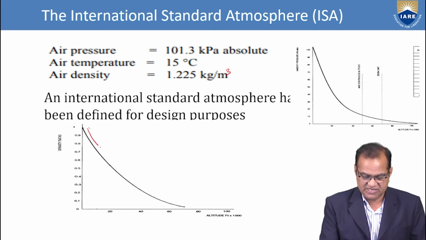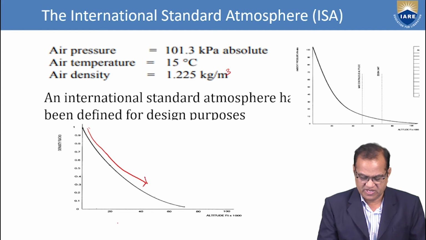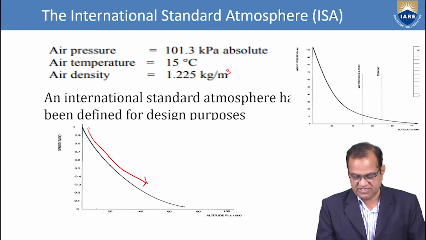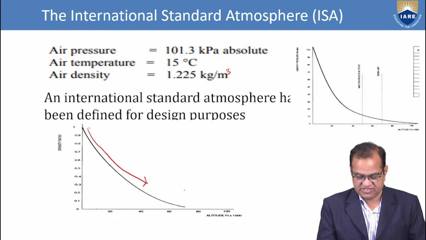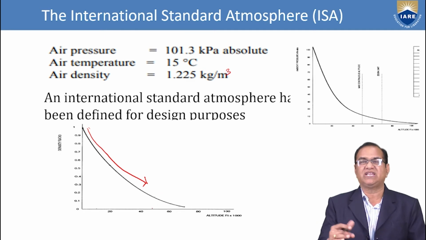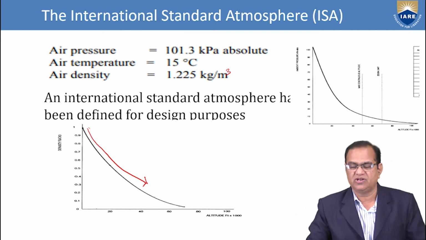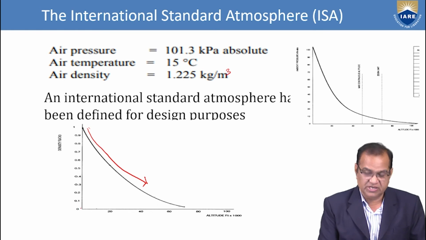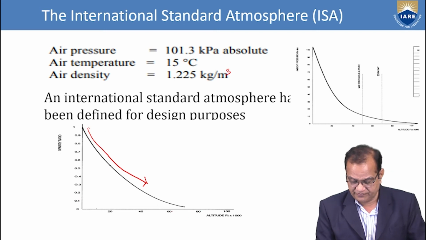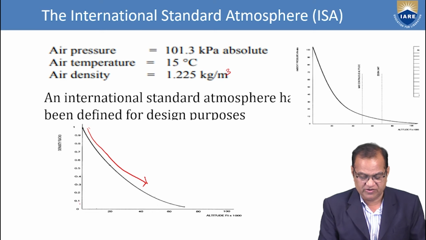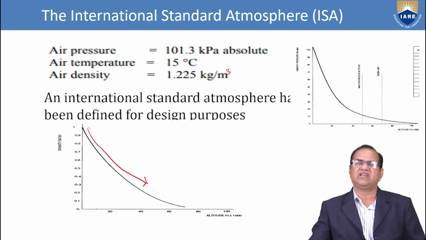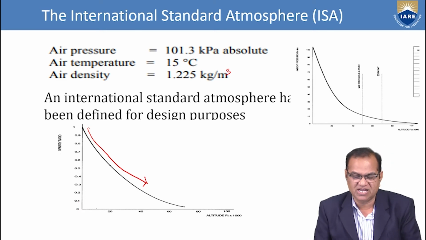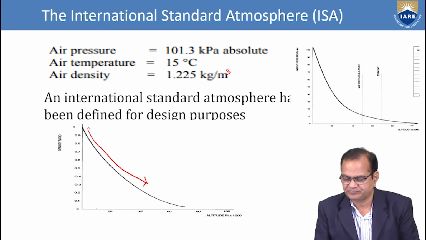As altitude increases, density decreases. At sea level you have the value 1, but if you go to some 80,000 feet or 60,000 feet, it is 0.1. It is very, very less. Very thin air is available. Density less means very thin air.